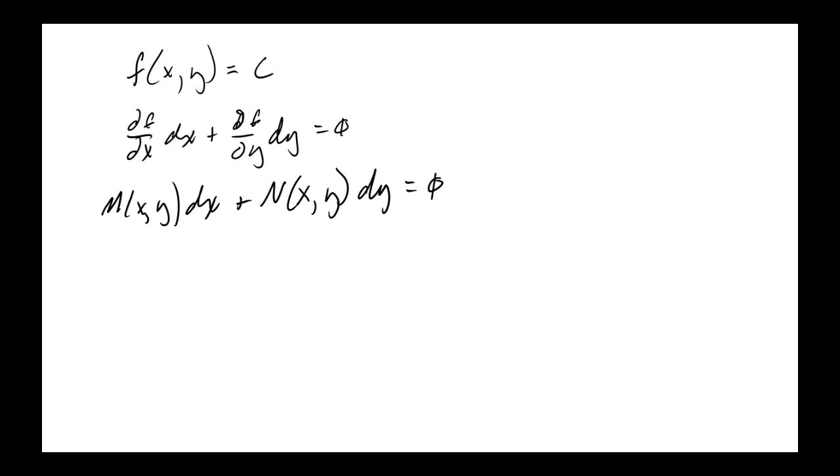Now, the first way that this will work, where we do our test, is that if the partial of M with respect to y, the other variable, is equal to the partial of N with respect to x, then we can proceed.